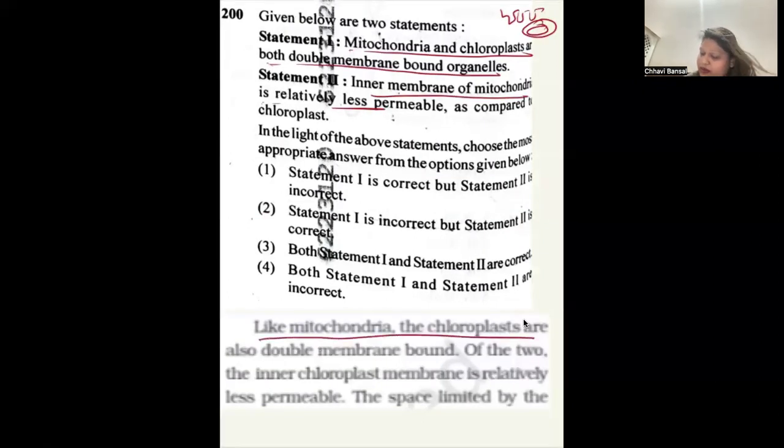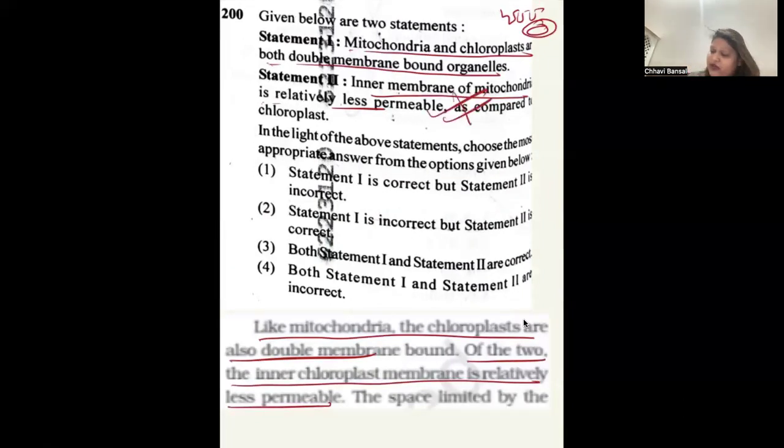Like mitochondria, the chloroplast are double membrane bound. Of the two, the inner chloroplast membrane is relatively less permeable. It means this statement is incorrect because the chloroplast inner membrane is relatively less permeable, not the mitochondria. So statement 1 is correct, but statement 2 is incorrect. It means option 1 is the correct answer.